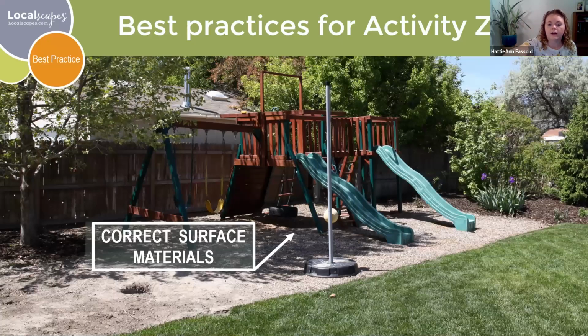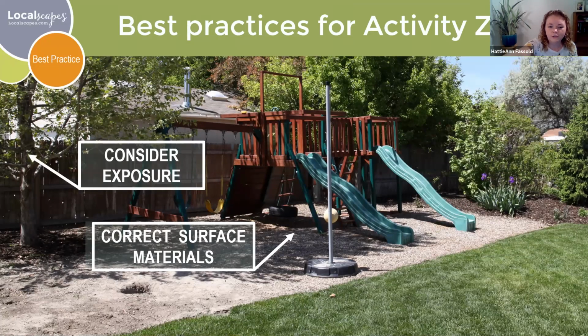So, best practices for our activity zones: the correct surface materials. Consider exposure. For example, my parents' jungle gym is in full sun. We don't have any trees that give shade to that area, and the slide is metal.